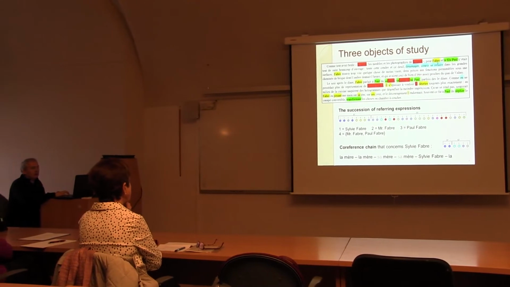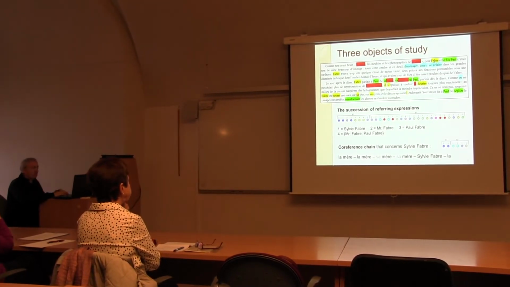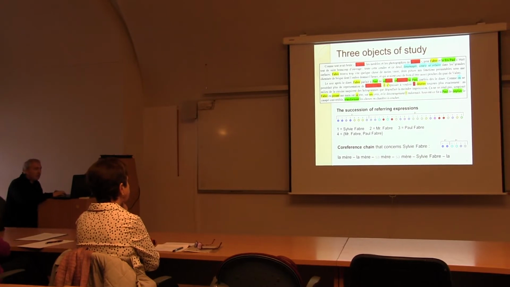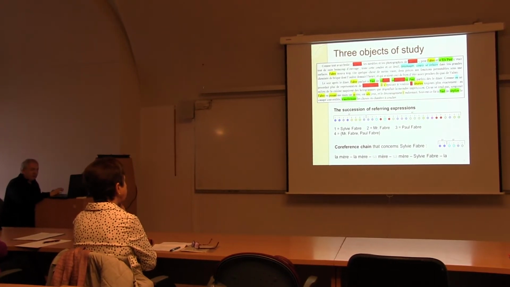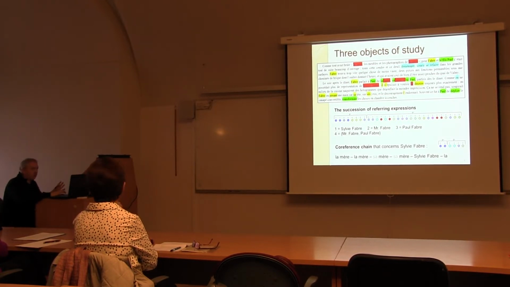In yellow you can see the father, who has the same name, and their son Paul. This is the first object of study. A second one is the succession of referring expressions along all the text.